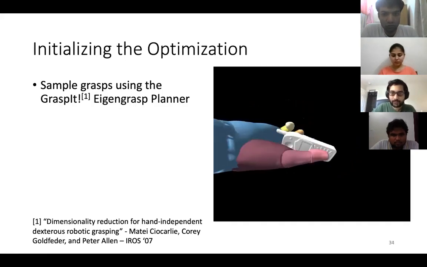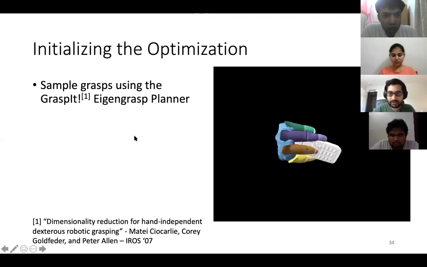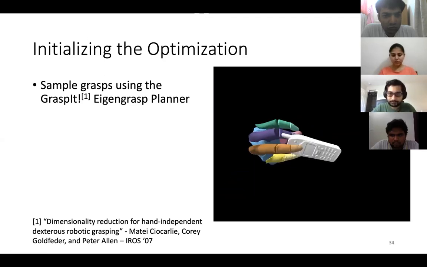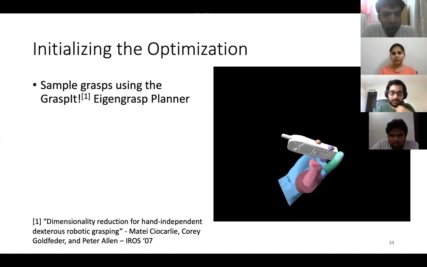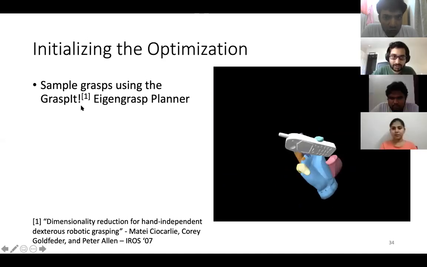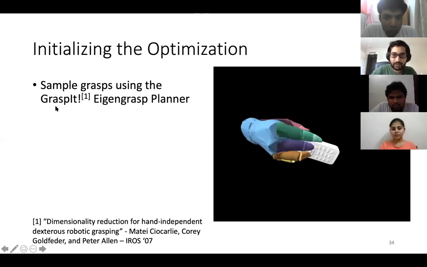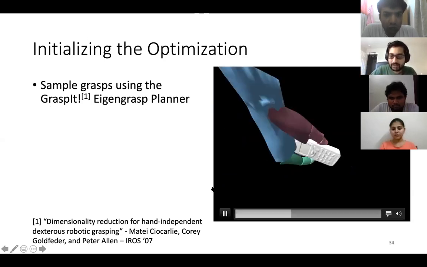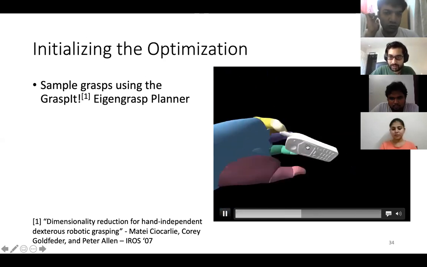So to get a good initialization, what we do is we sample lots and lots of grasps using GraspIt, which is another grasp modeling software, and we just randomly sample lots and lots of different grasps. You can see that over here.